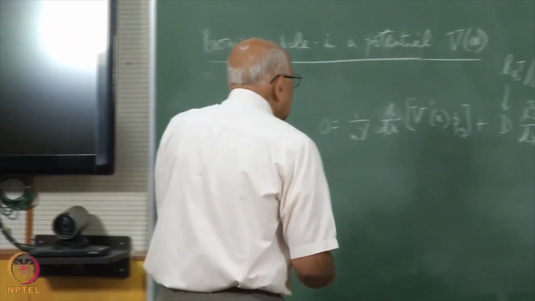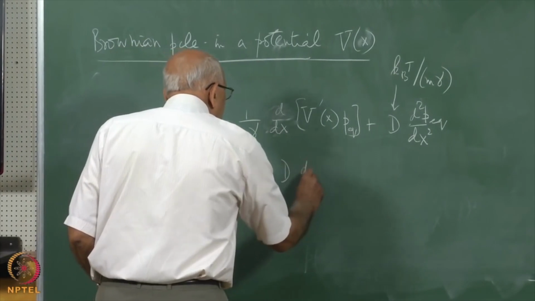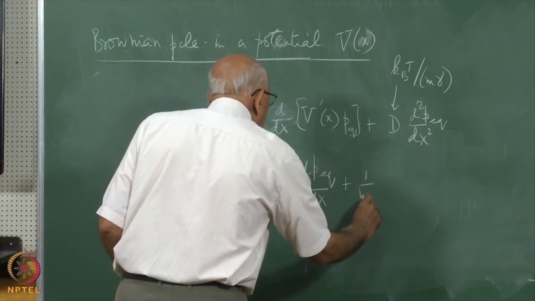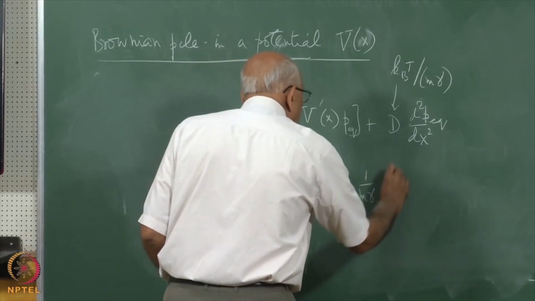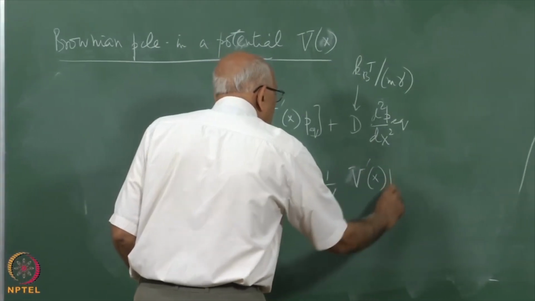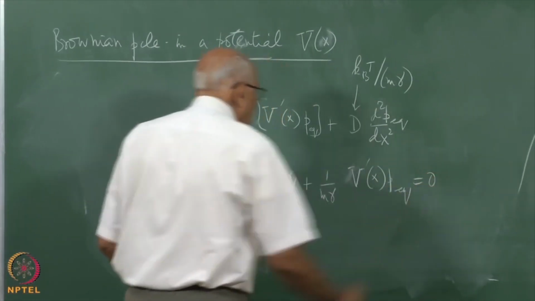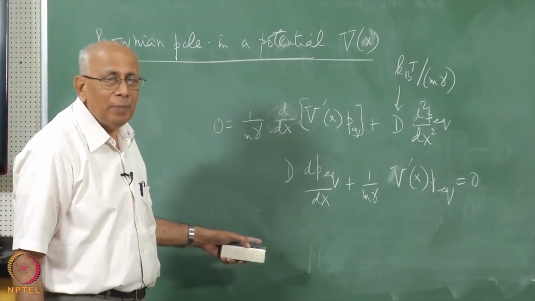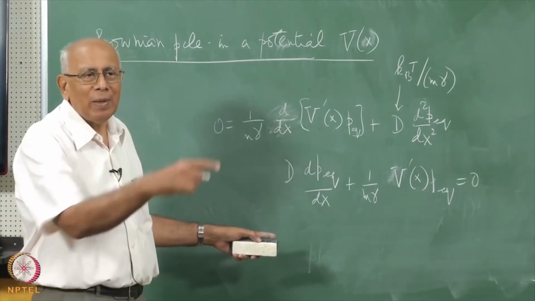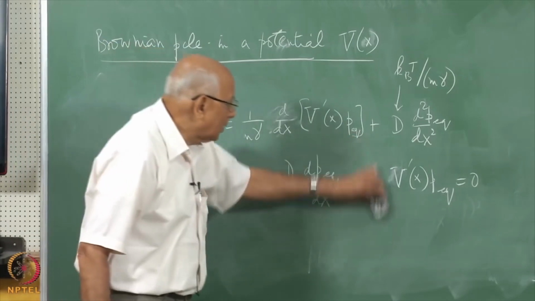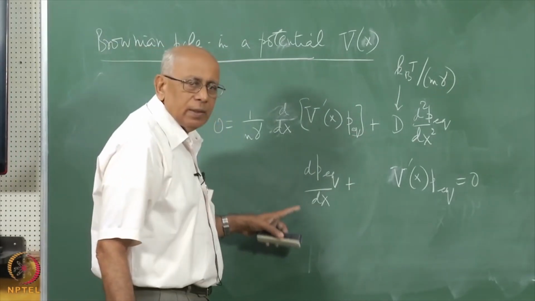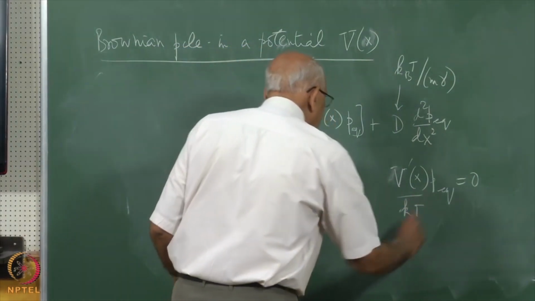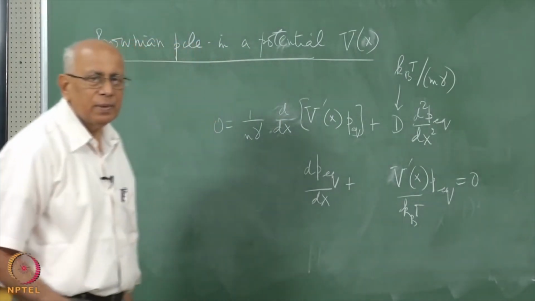Then what you have is an ordinary differential equation which says d p equilibrium over dx plus 1 over m gamma times V prime of x times p equilibrium equal to 0. But D is kT over m gamma. There can't be any reference to the friction constant in the equilibrium positional distribution, right. So this goes away, and this becomes k Boltzmann T, and what would that tell you?